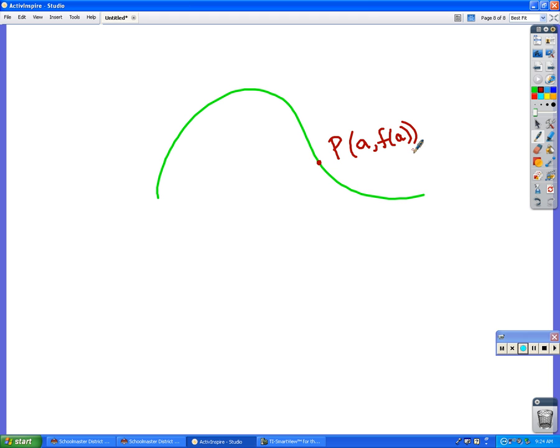The way we do that is we take this other point right here, find the slope between those two points, and then get those points closer and closer and closer together. So that's a formal definition of what we were doing when we were looking at the tables on your calculators.